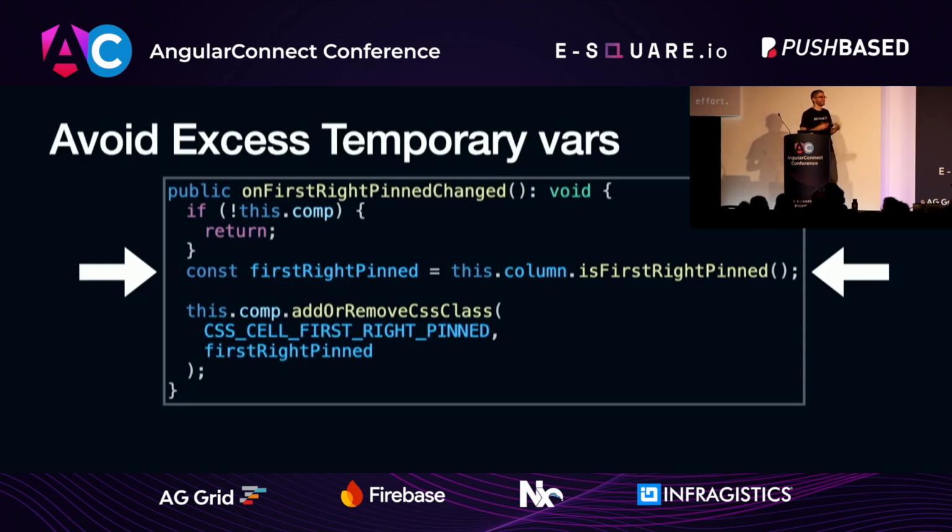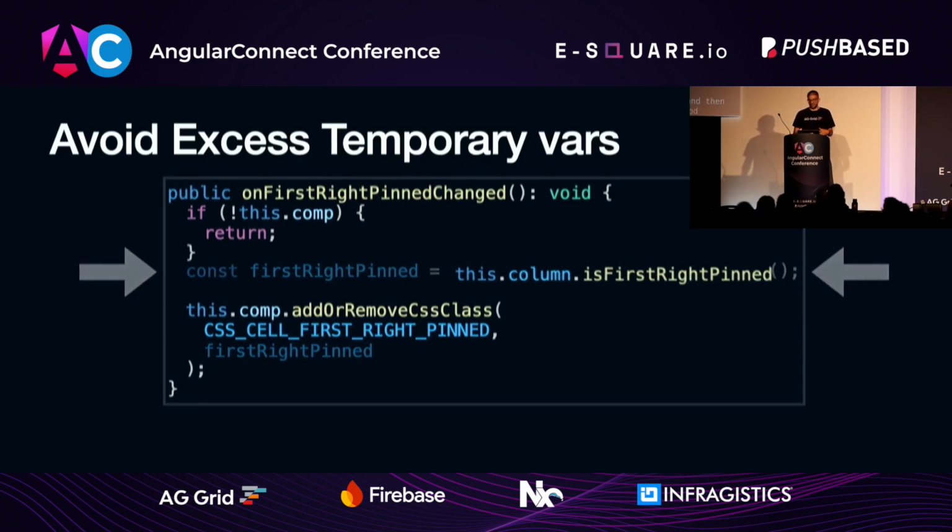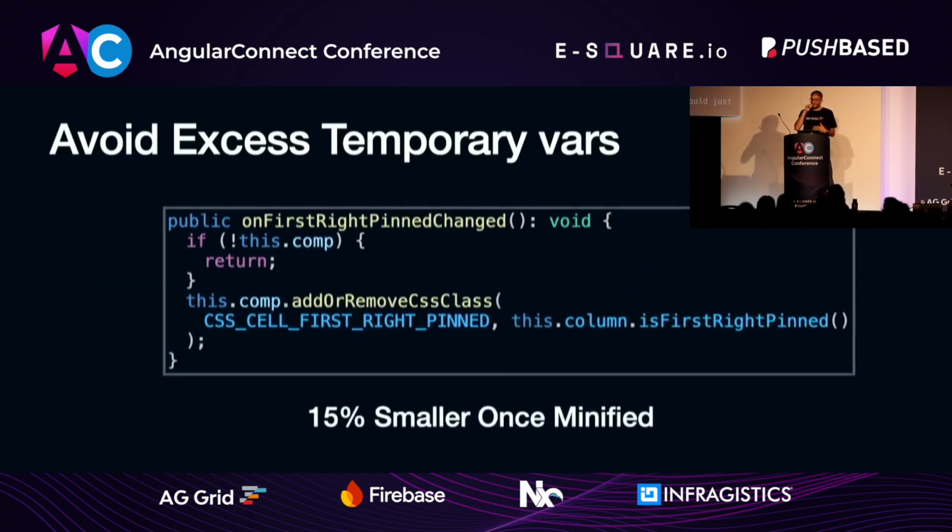This one's controversial. Say you've got some nicely named temporary variables, like here we're pulling out this variable, assigning it, and then passing it through to another method. We could just directly inline that, and it's 15% smaller for this method once minified. But you're going to start getting into battles of, is this code less readable, and is it going to get past someone's review? So yeah, I don't know, but it's there.